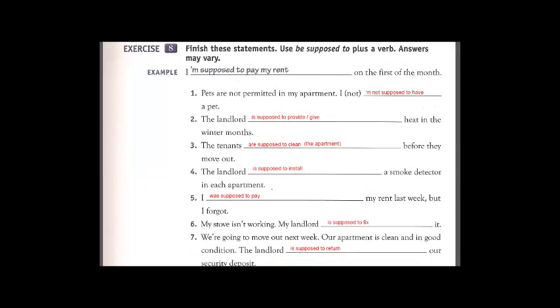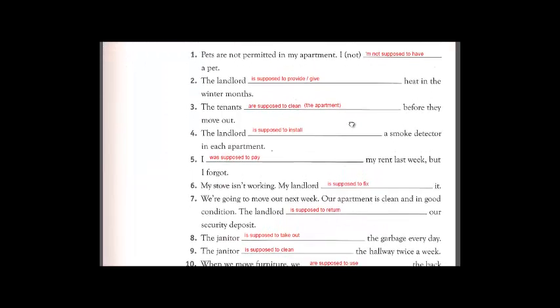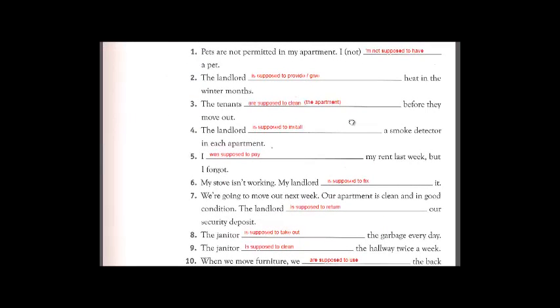Okay, here are the answers for exercise number 8, problems 1 through 10. So take a moment to check your answers. When you're ready, restart to listen to the phrases. Alright, number 1. Pets are not permitted in my apartment.